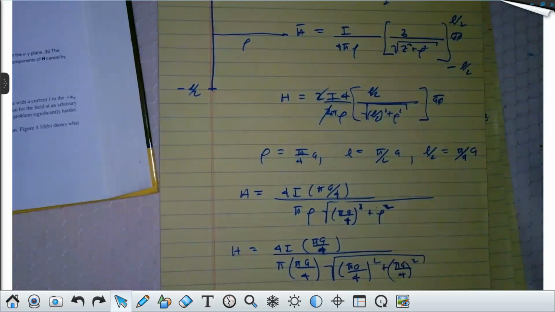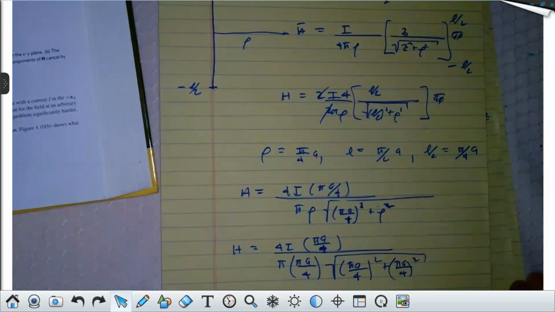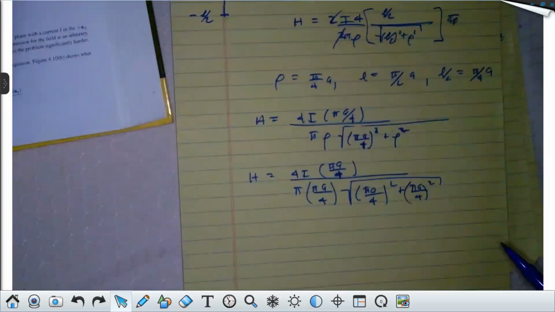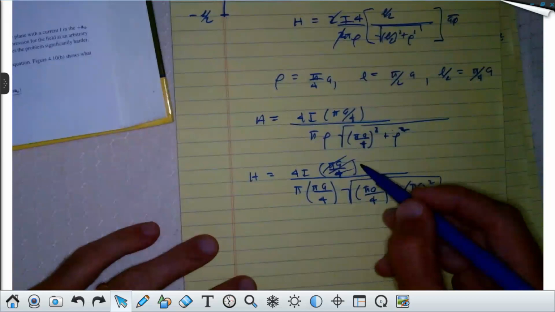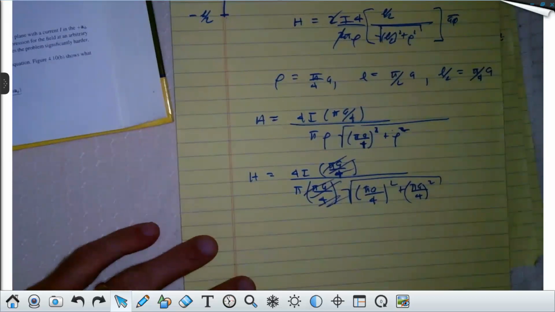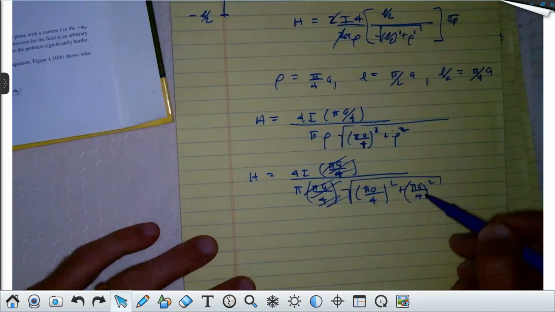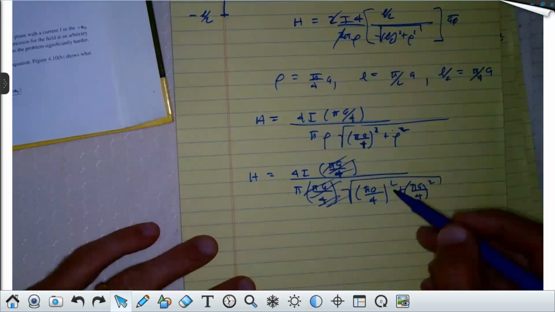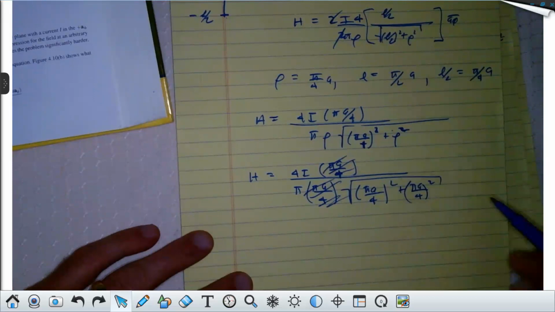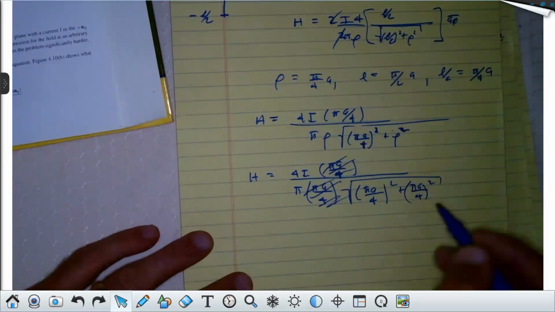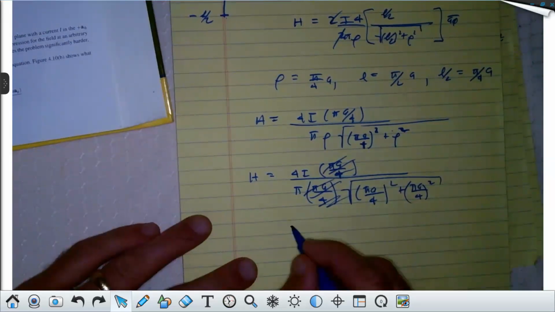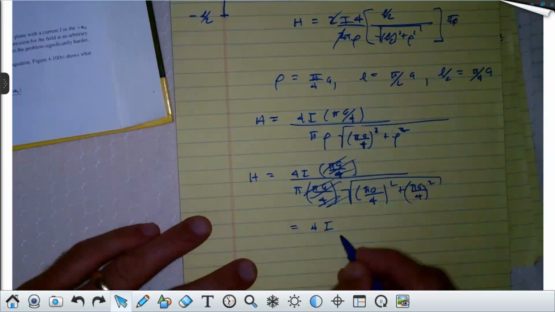I'm just plugging in the values caused by the geometry. What do you see happening just by casual inspection? There's a whole lot of what going on? Cancellation. Don't you see these two canceling completely? What about in here? Can't we just take out the square root, take out pi a over 4 and then put a square root of 2 down there? So what are you left with? Now I have 4i, right?